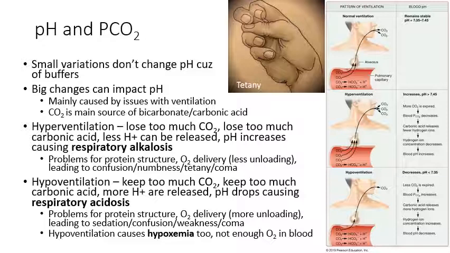It can give you tetany, which is when your muscles are spasming so much that they don't even actually relax and they just end up clenched, like that person's hand there. That person, if they're in tetany, is not physically capable of moving their hand from that position. It can also cause confusion, leading to coma.